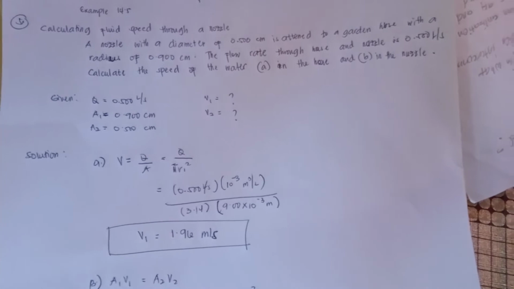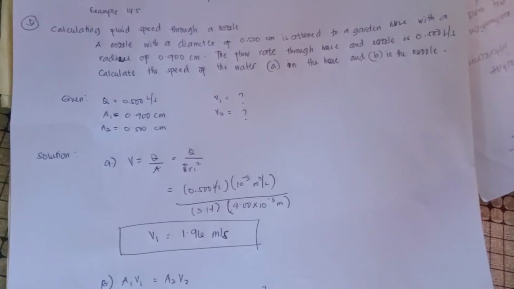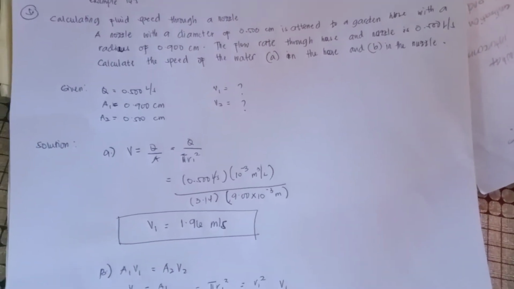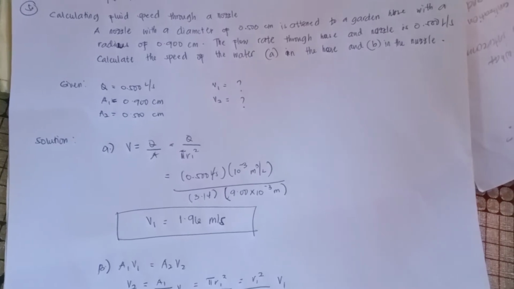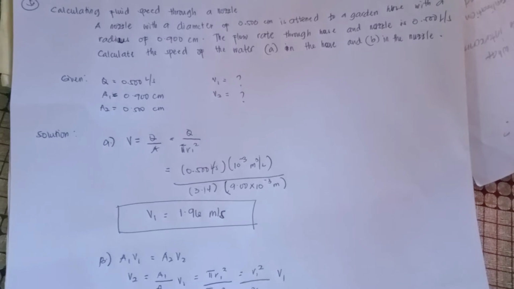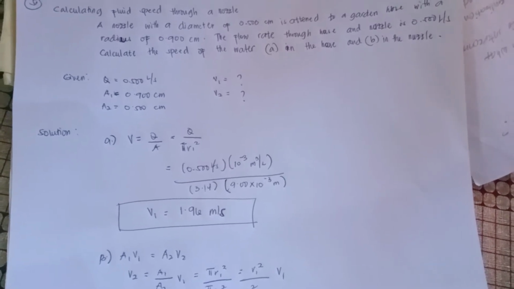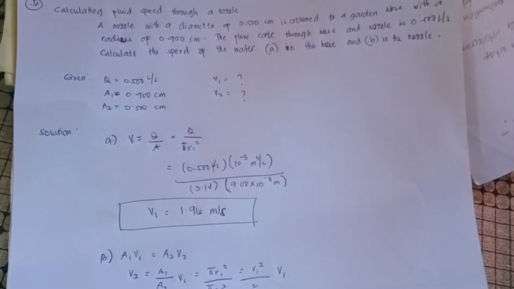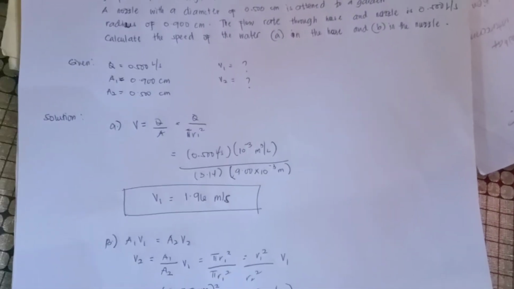So, given Q equals 0.500 L over S, the radius of the hose 0.900 centimeter, and for the nozzle 0.500 centimeter. So we will find V1 and V2.